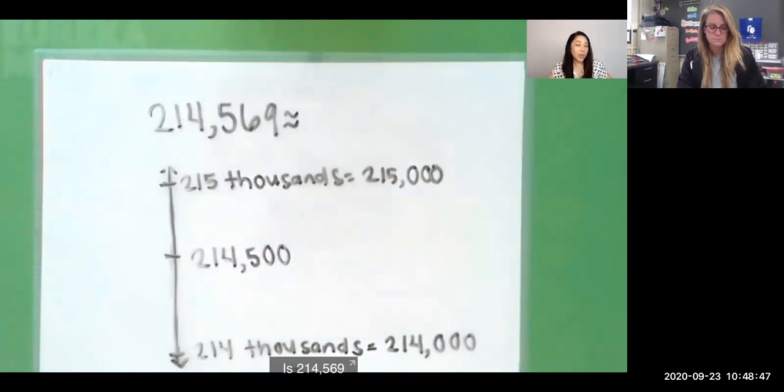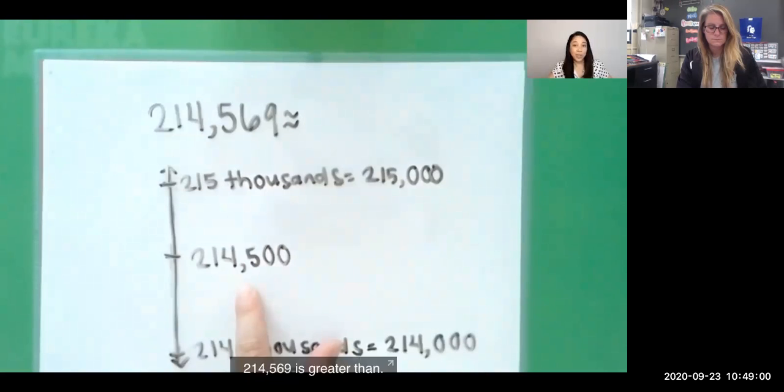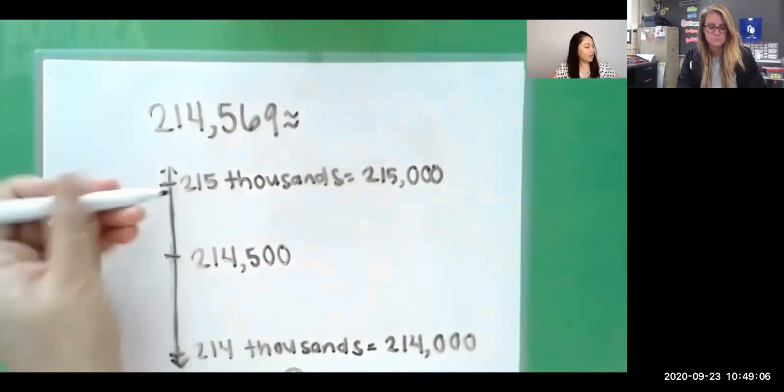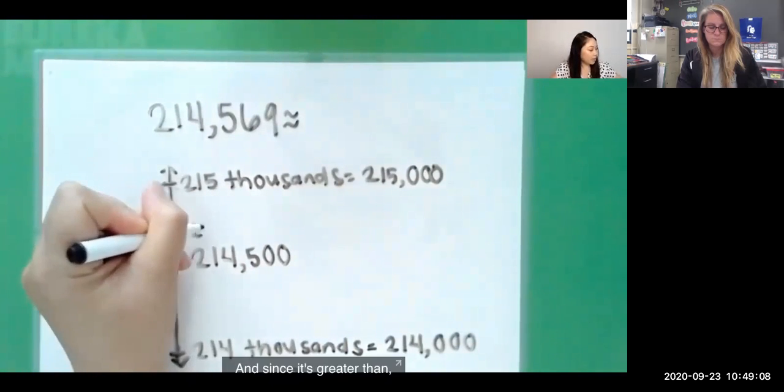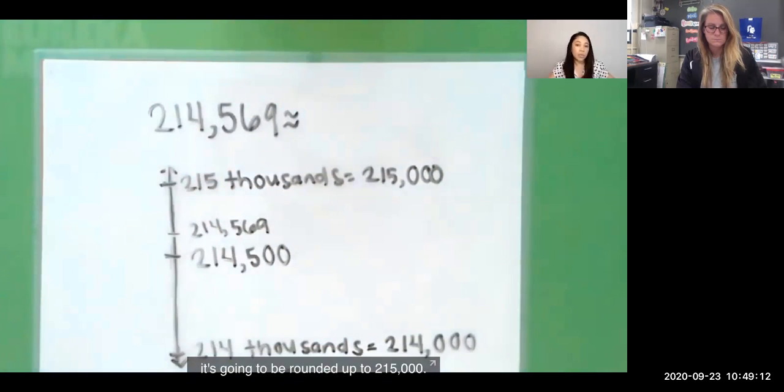Is 214,569 greater than or less than the halfway point? 214,569 is greater than. And since it's greater than, it's going to be rounded up to 215,000.